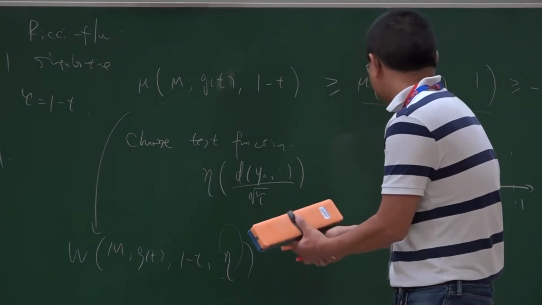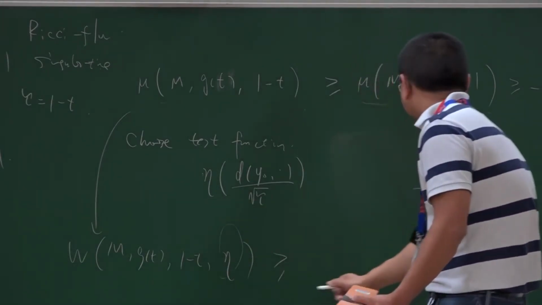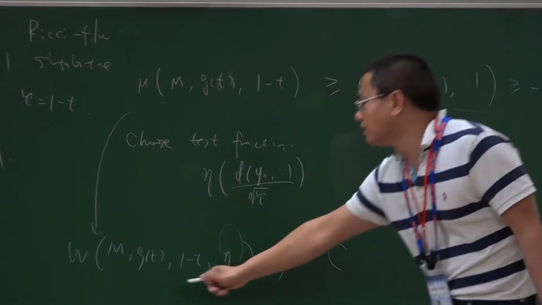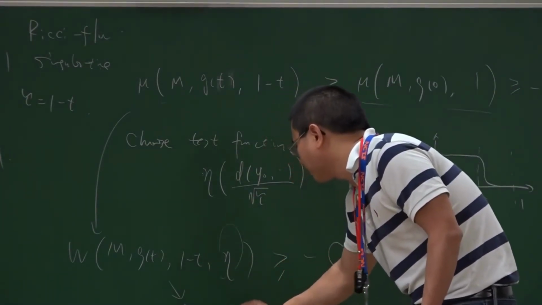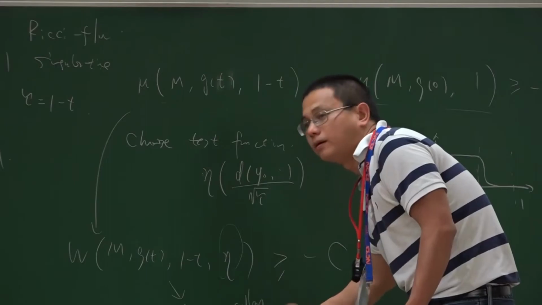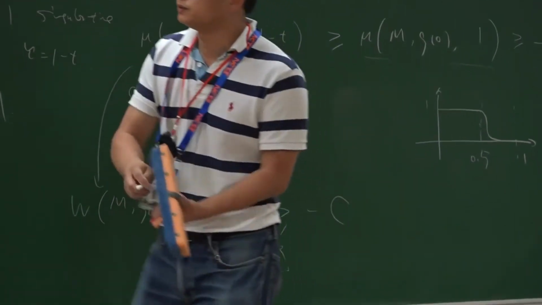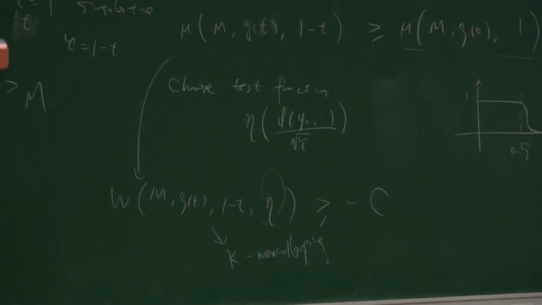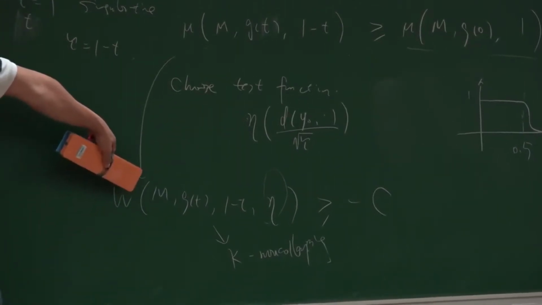So this will be greater or equal to negative C, because it's greater or equal to this and negative. And this will imply the kappa non-collapsing. So that's the proof. The mu function's lower bound implies the non-collapsing.